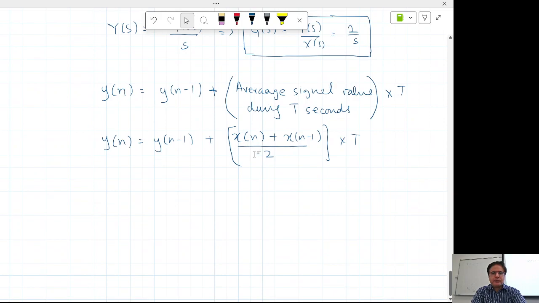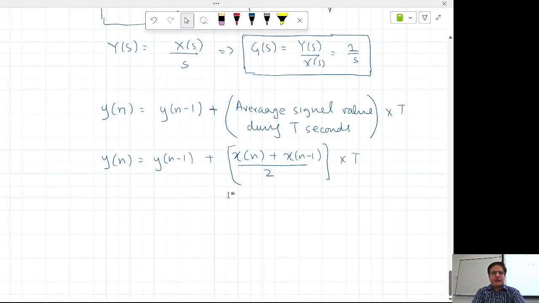Okay, and that is what x of n plus x of n minus 1 divided by 2 is: the average height of the signal during these two samples, right? Times T. Clear? So the rest is simpler. What I'm going to do is apply the z transform on both sides, because from here I'll find the transfer function representing this digital integrator.